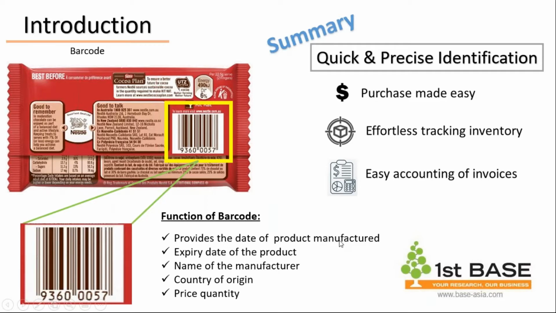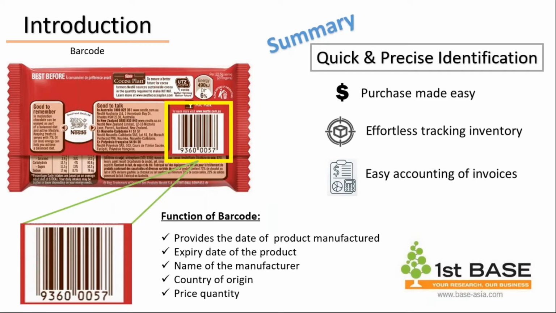So why do we use barcodes? In our daily work, when you go to the supermarket to purchase some items, at the counter the cashier will scan the barcode of the item, right?